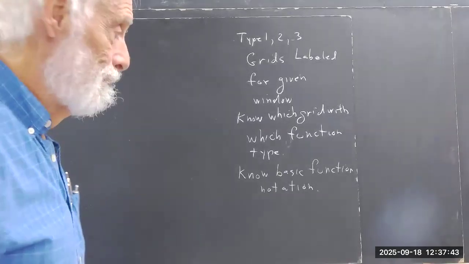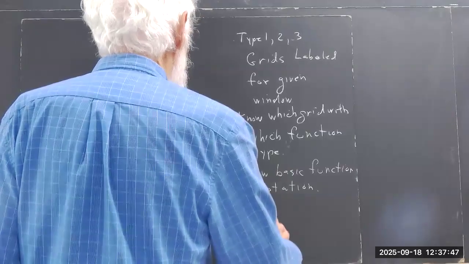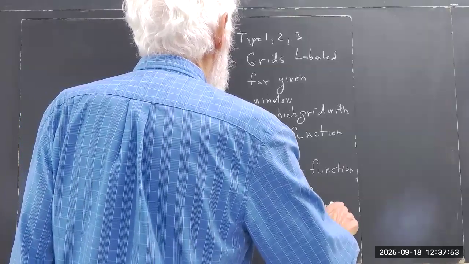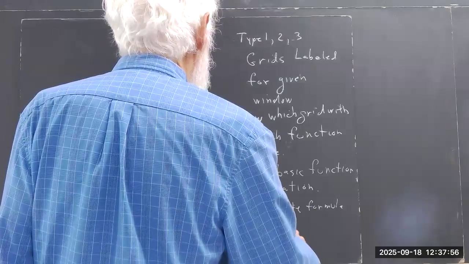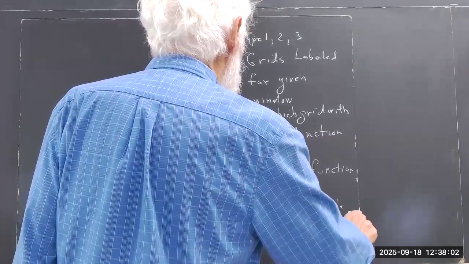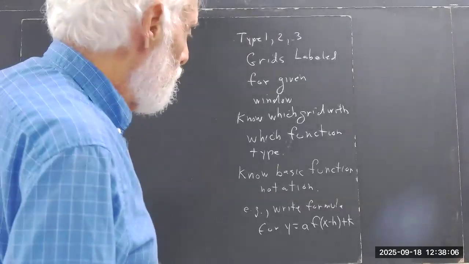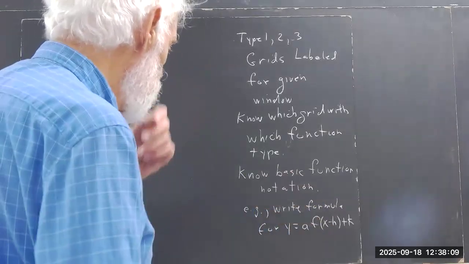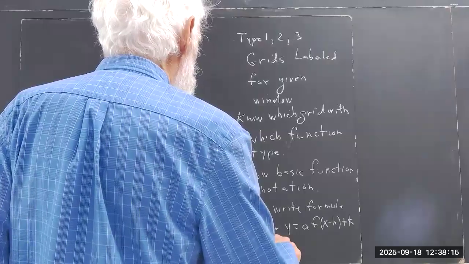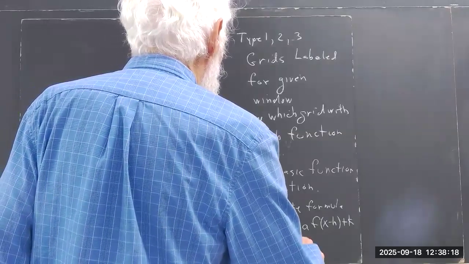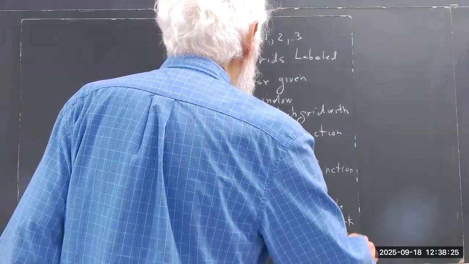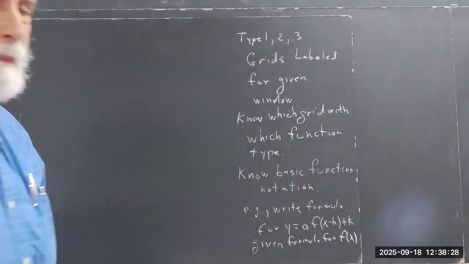So you can be able to write out the formula for y equals a f of x minus h plus k, given the formula for f of x.